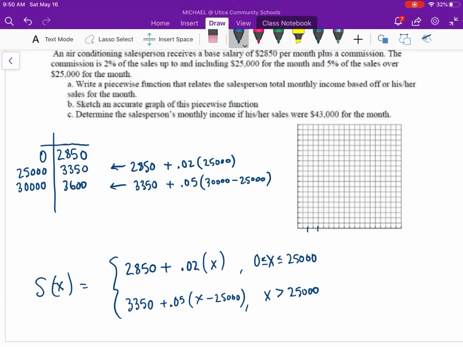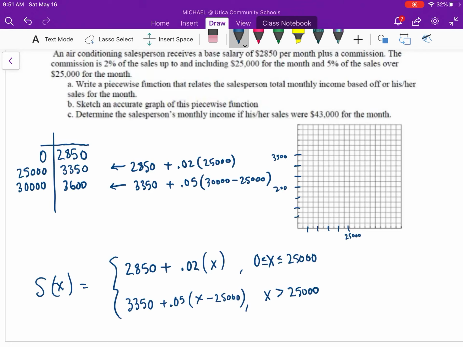All right, so if we graph this, let's go by 5,000s: 5,000, 10,000, 15,000, 20,000. There's 25,000. Let's go by 500s: 500, 1,000, 1,500, 2,000, 2,500, 3,000, 3,500. So when he sells 0, he does not get 0.